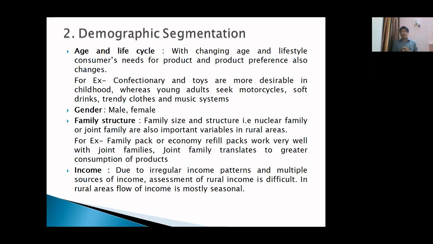And most of the time, marketer feels it very hard to determine the income pattern in rural market. Moreover, the flow of income in rural areas is mostly seasonal. It is not perennial.